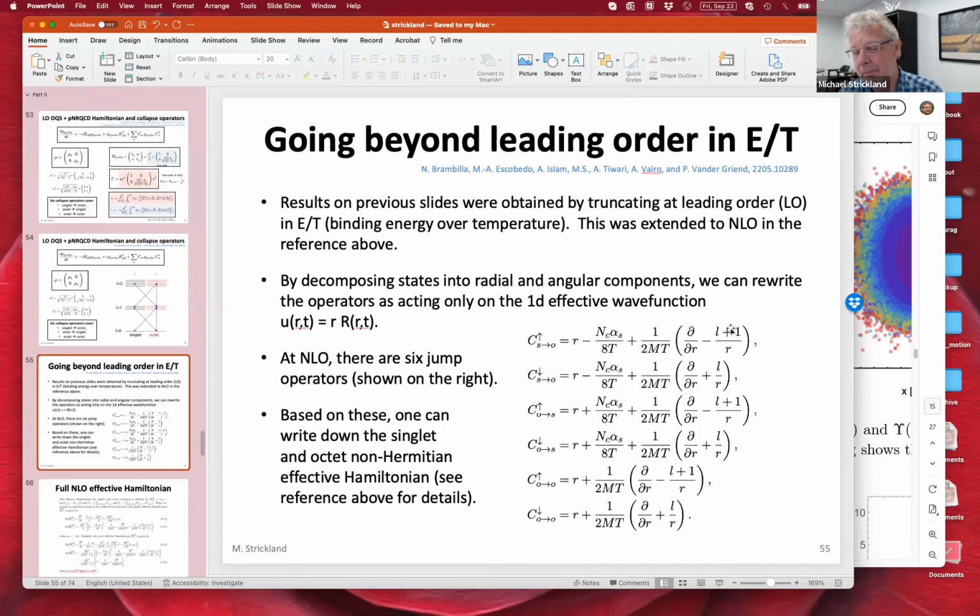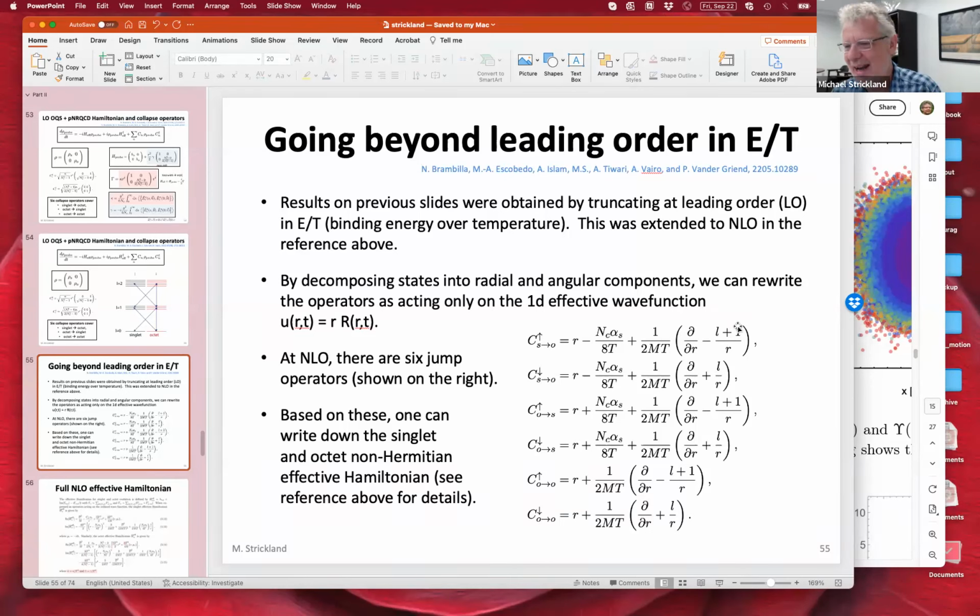Very good. And you're right, you should be worried that when L becomes too large, the binding energy is going down, and so the binding energy over T. No, it should work better for those states. Sorry, I had to pause there to convince myself.